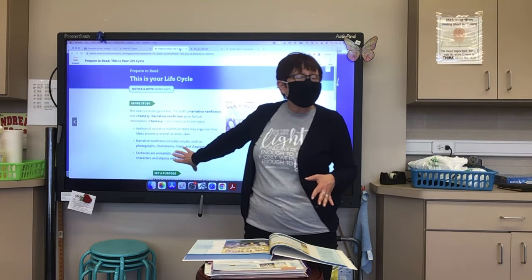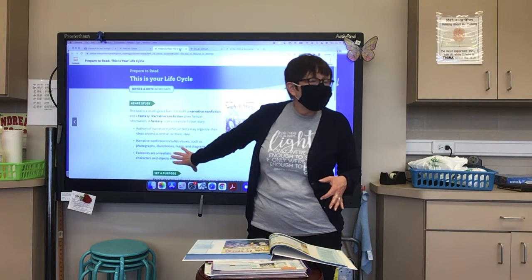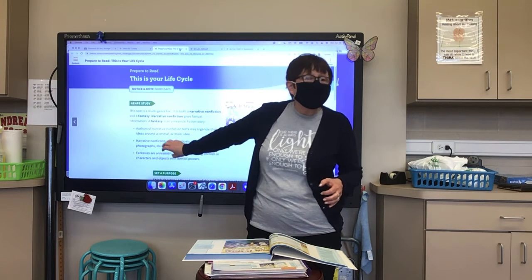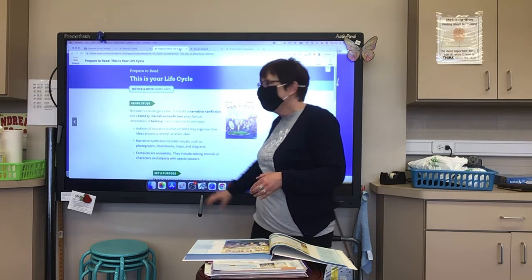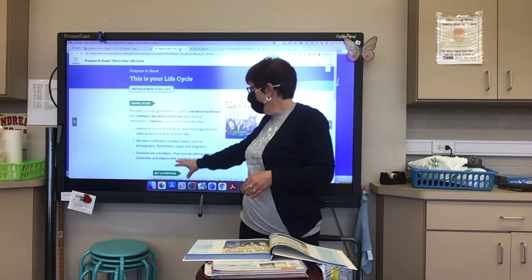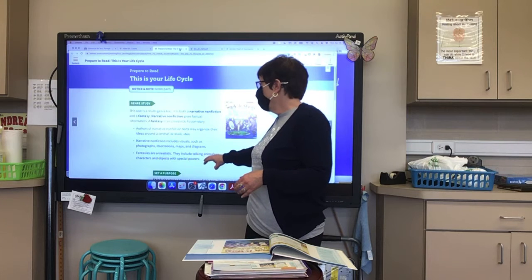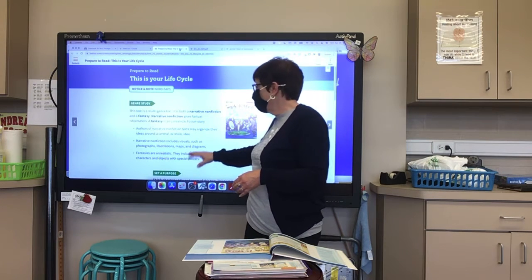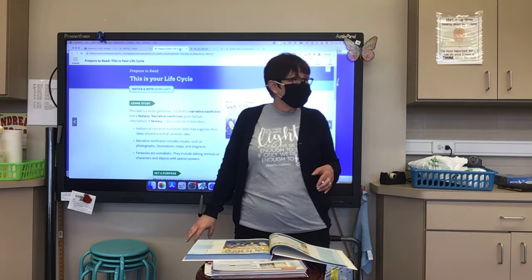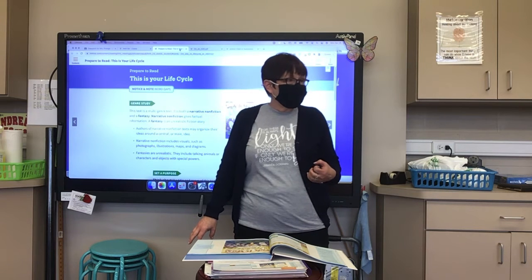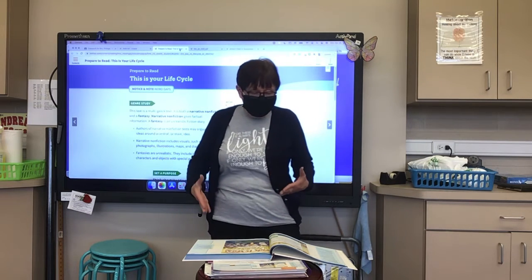So we're going to look for text and graphic features in this selection. Fantasies are unrealistic. They include talking animals or characters and objects with special powers. So that is going to be in our story today because it is a fantasy.